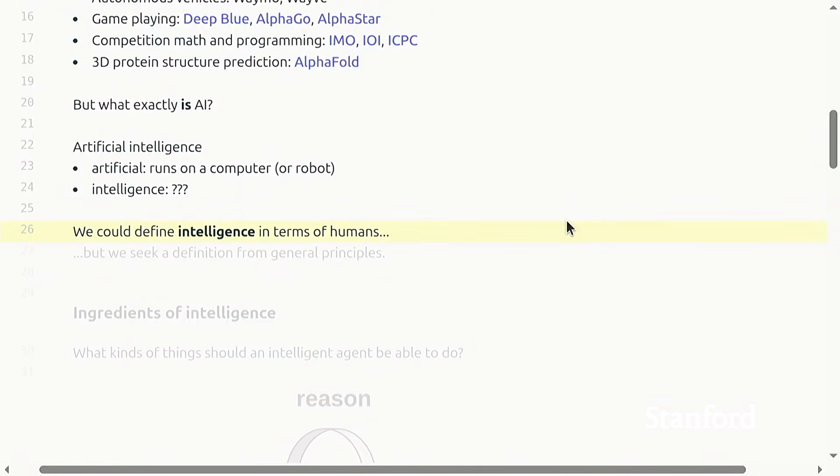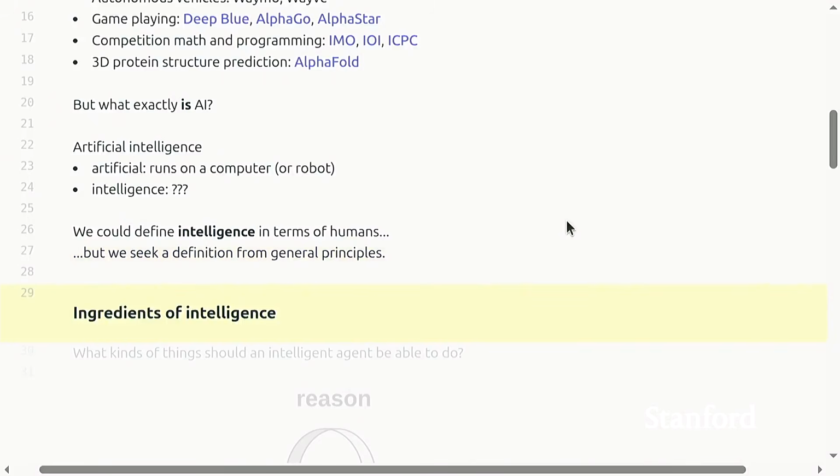This has been a subject of debate for millennia, and often people tend to think about it in terms of humans. But we actually want to seek a definition from general principles.